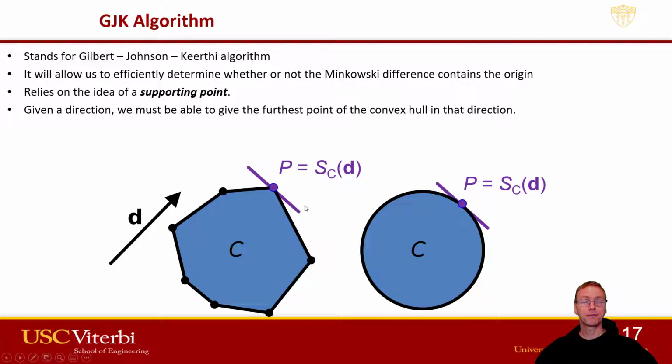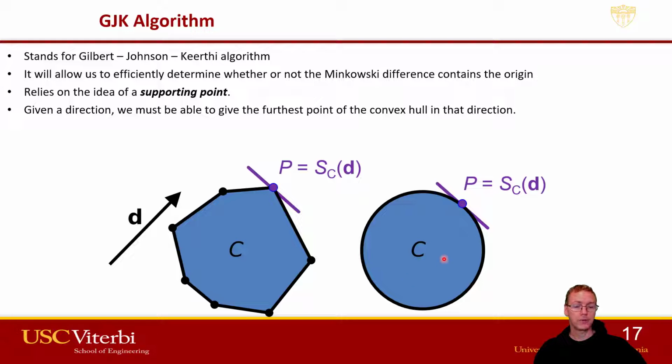The farthest you can go in any given direction will be one of the vertices of that polygon. And so the supporting point on this shape in direction D is this point here that I've labeled P. That is the farthest you can go in that direction.